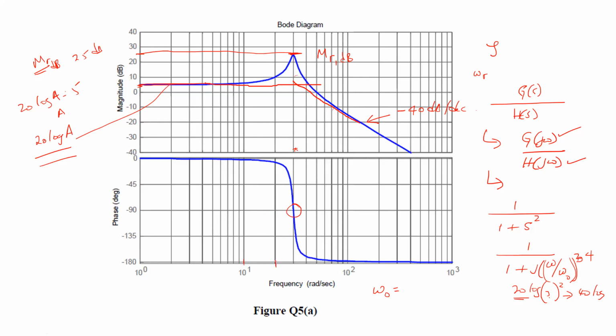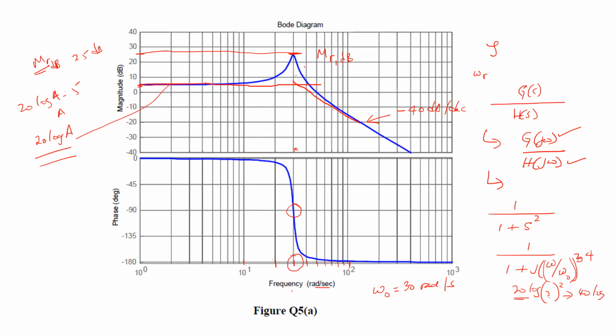This is 20, 30, 40, 50, 60, 70, 80, 90, 100. Now, what's our scale? Oh, sorry, a decade scale. So this point here will be 10, 20. So omega naught is 30. Look at the units here, 30 radians per second. So if omega naught is 30 radians per second, you could calculate zeta from this.